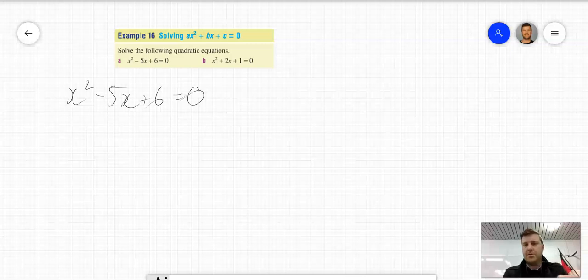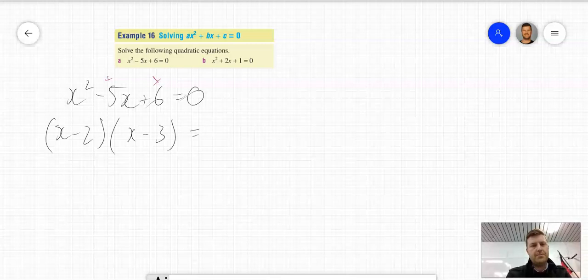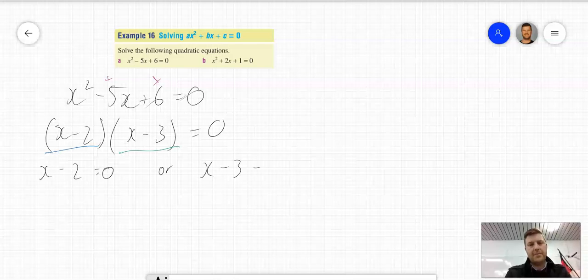I'm just going to go ahead and straight away factorize this using the sum and product method. So two numbers that multiply together to give me 6 and add together to give me minus 5. Those two numbers, minus 2 and minus 3. Okay, so again, if this times by this is equal to 0, then x take 2 is equal to 0, or x take 3 is equal to 0.